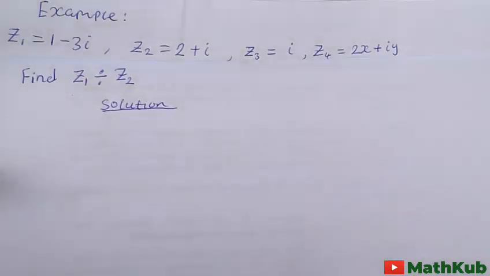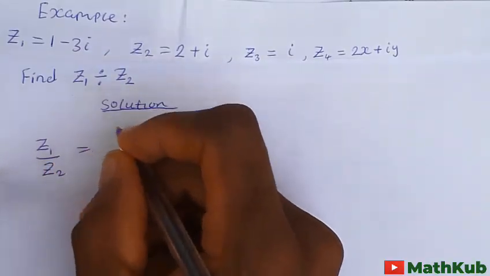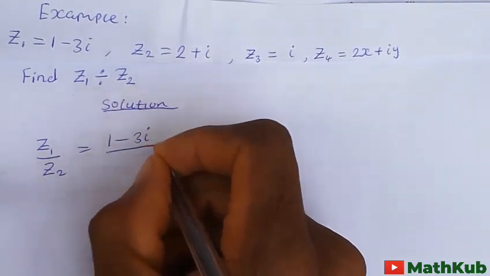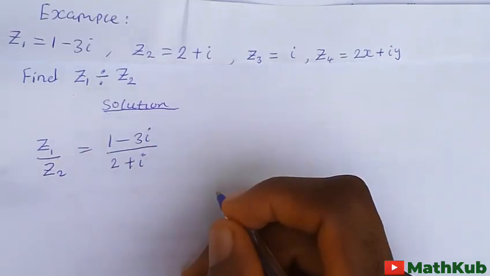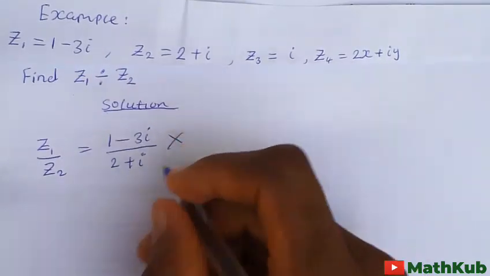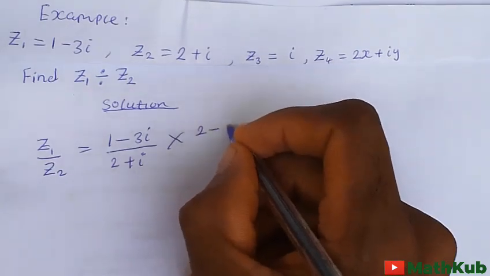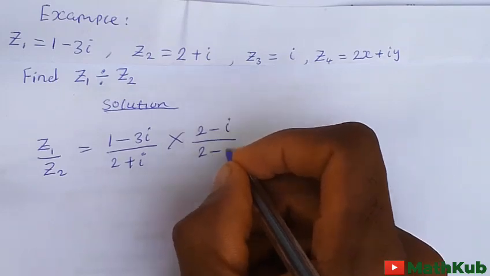We continue with this example. Find z1 over z2, which will be equal to (1 minus 3i) divided by (2 plus i) times the conjugate of this denominator, which is (2 minus i) divided by (2 minus i).